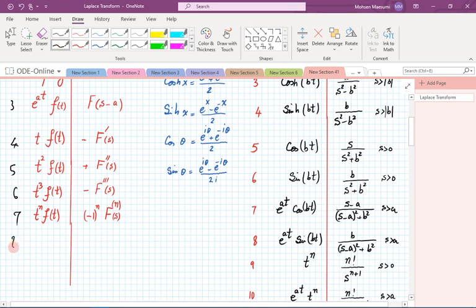For formula number 8 and formula number 9, for f prime we had minus f of 0, that's the initial condition, typically referring to position, plus s times the transform of f. And for f double prime we start with the initial condition for velocity, minus s times the initial condition for position, plus s squared times the Laplace transform of the function itself.